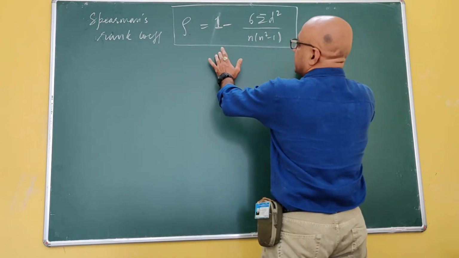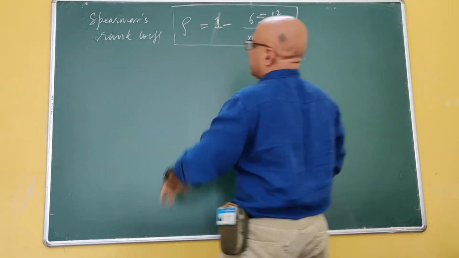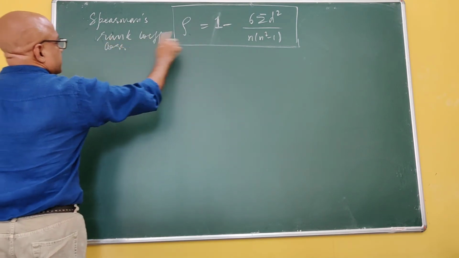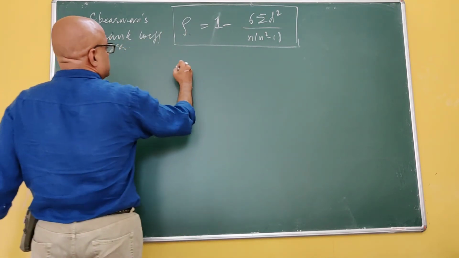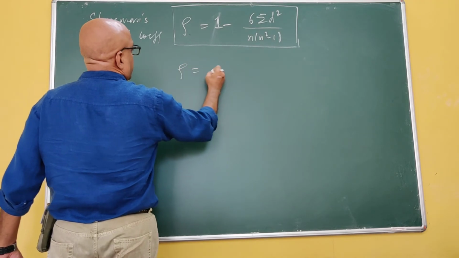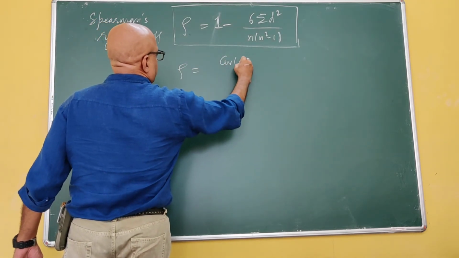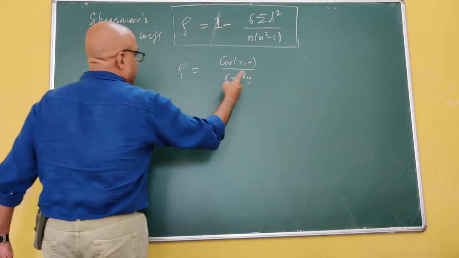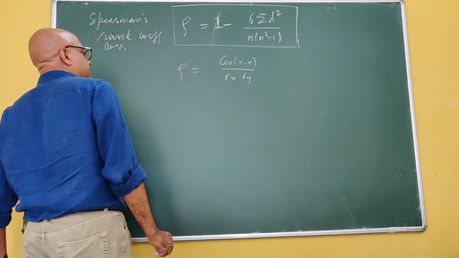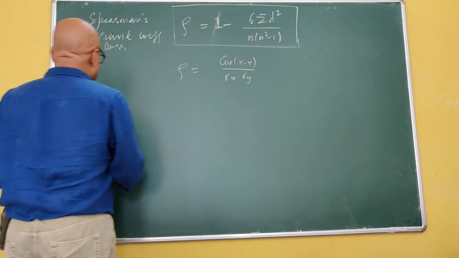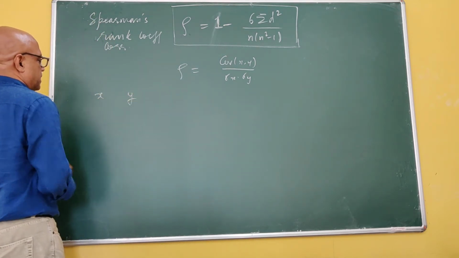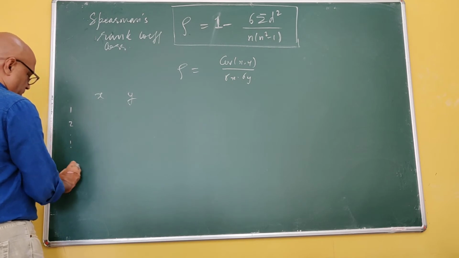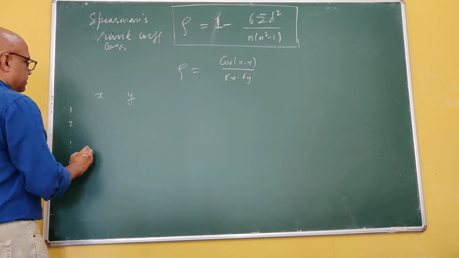We want to show that Spearman's rank coefficient of correlation is given like this. But we are using Karl Pearson's. So rho we are writing actually as covariance of xy divided by sigma x into sigma y. It's the same formula I am writing. You see? But because x and y are ranks, if there are n participants, they are given some ranks.